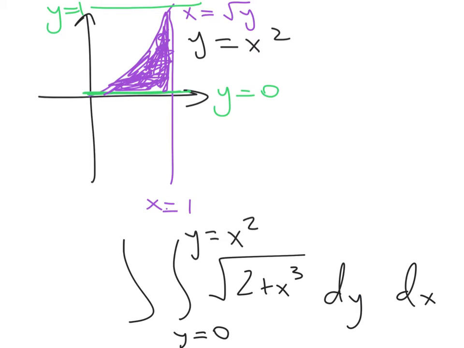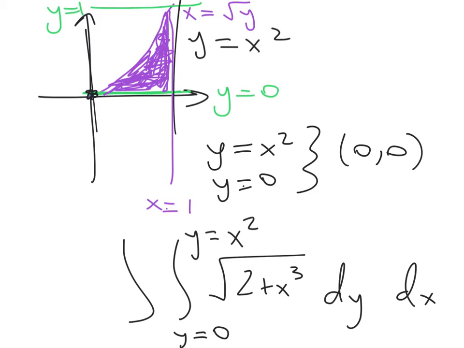And then for the outer integral, we need to know these intersection points because they create the outer bounds to determine where our shadow is of this region along the x-axis. And so these intersections are of y equals x squared and y equals 0.